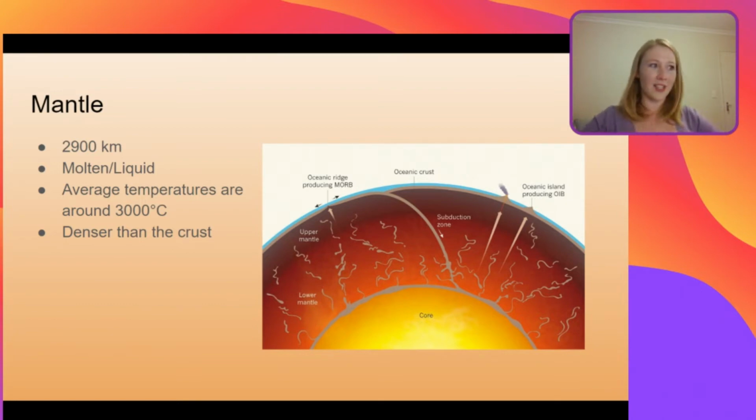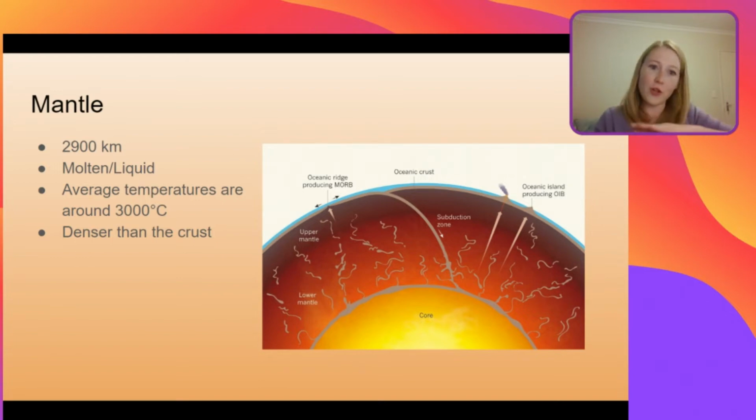Okay, and it is denser than the crust. I need to state this because I have had a student ask me, how does the magma in the mantle not just break through the crust? Like, how is the crust strong enough to contain the mantle? And that's not quite how it works. It's that the mantle is denser.